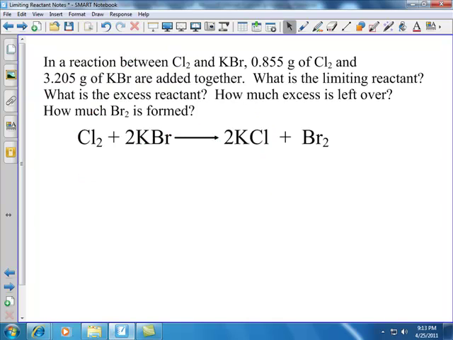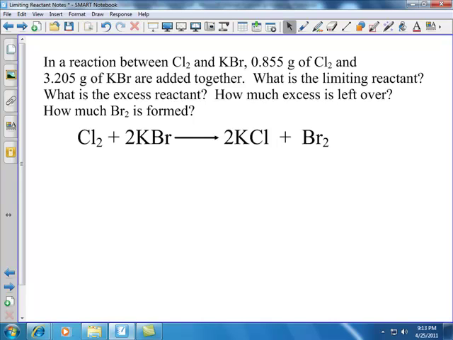Now, we're going to try to do this in a reaction. So it's the same thought process, but it gets a little complicated real fast. So try to hang with me, and if you need to, slow down and repeat some things.